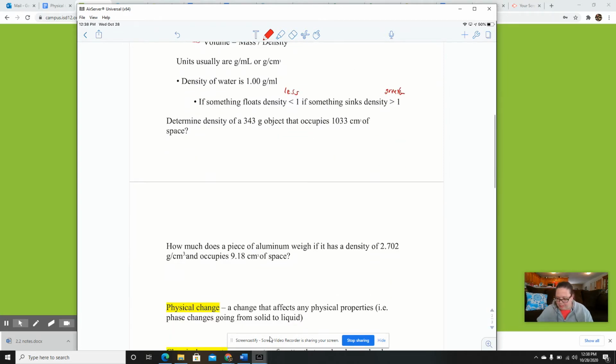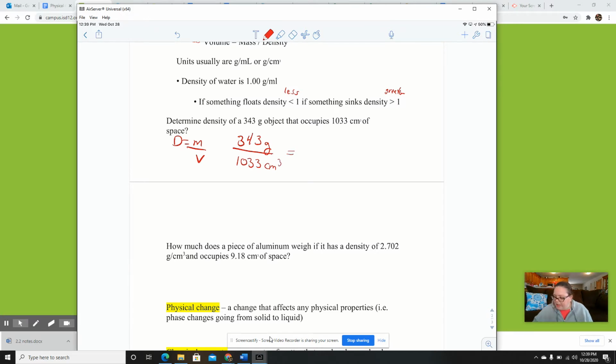So let's do a little math problem here, okay? Determine the density of a 343 gram object that occupies 1033 centimeter cubed of space. So density formula is mass divided by volume. So I'm going to take 343 grams. Notice I'm putting my unit in my work here, divided by my volume, 1033 centimeters cubed.